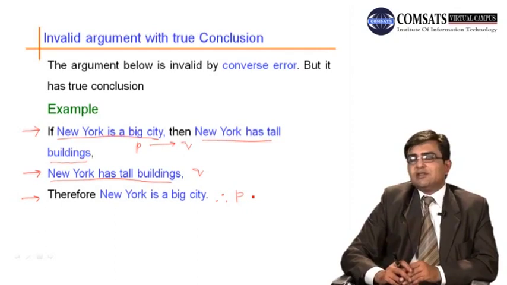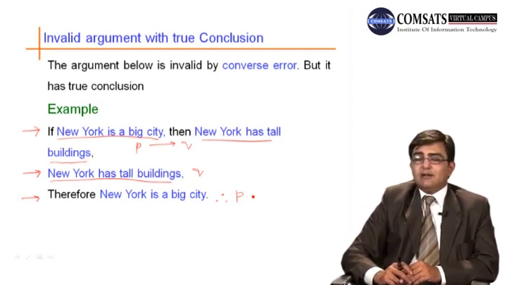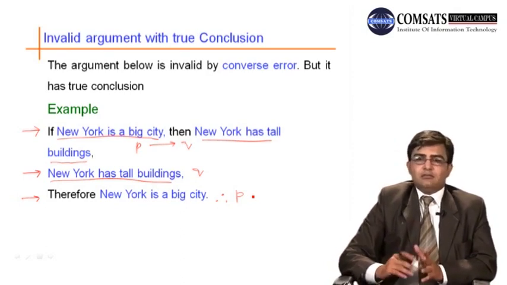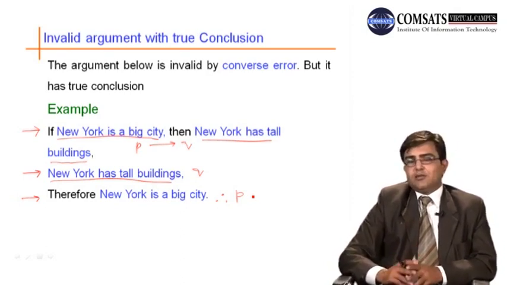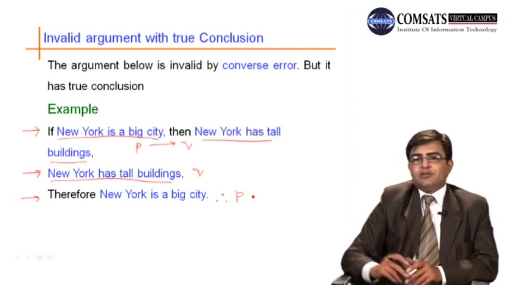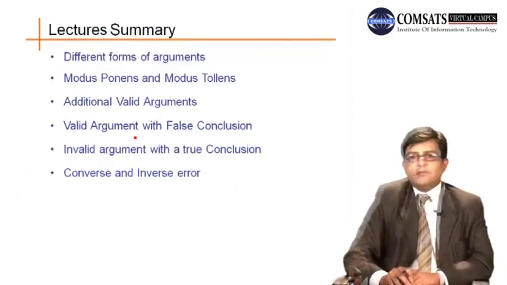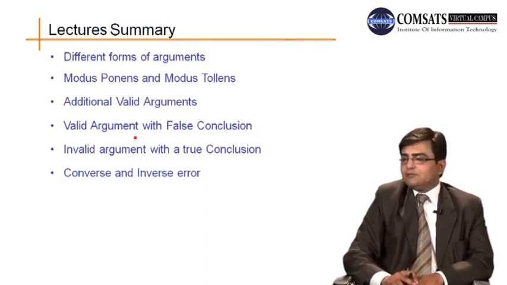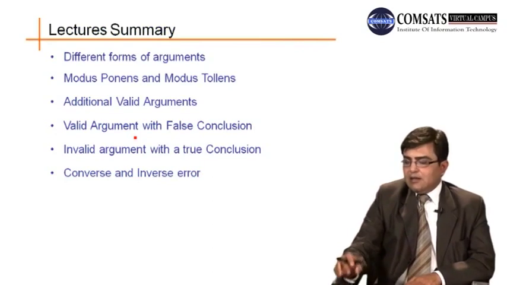So we have situations where we have invalid argument forms, but we draw the true conclusion. So avoid such type of errors also in drawing conclusions from the set of premises or to prove an argument form to be valid. So for today it is enough, and we stop here.